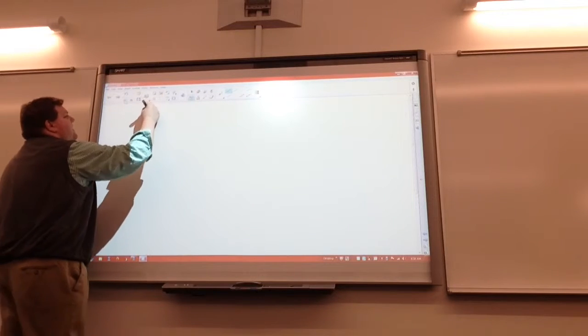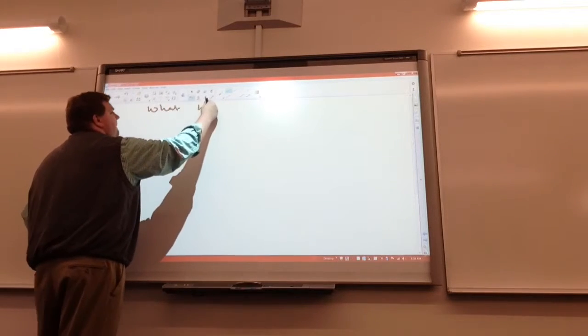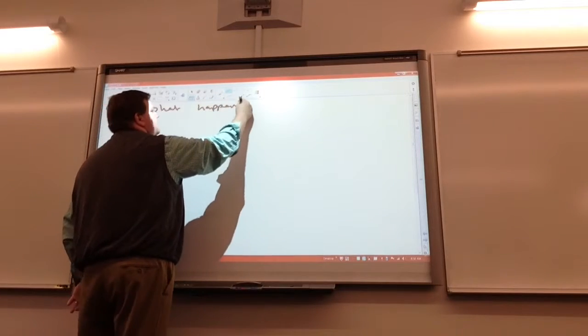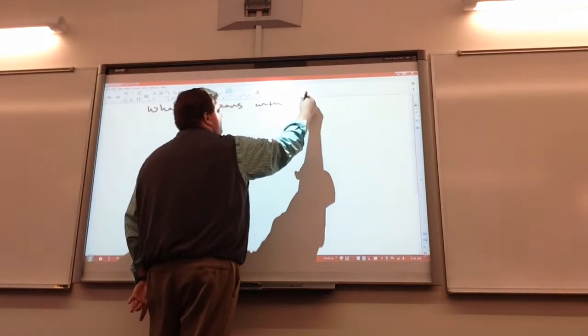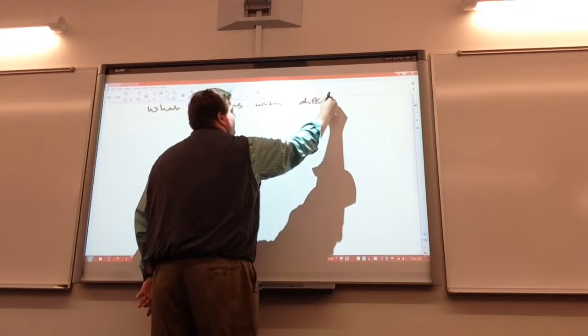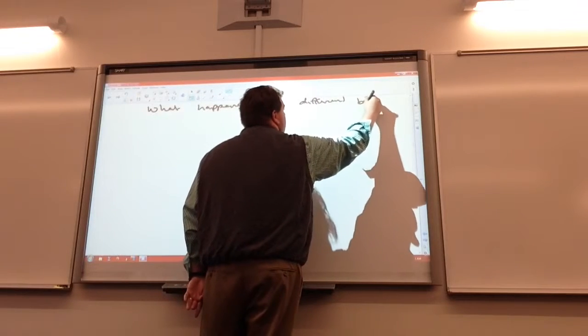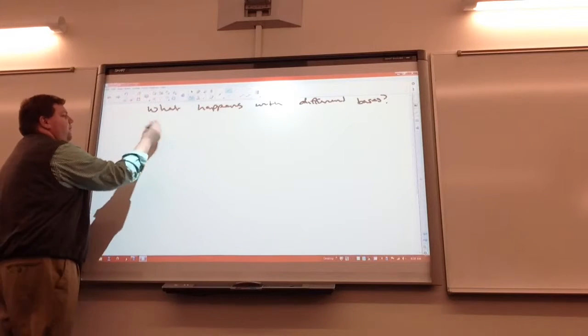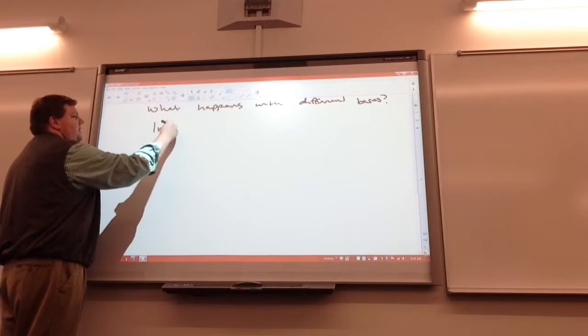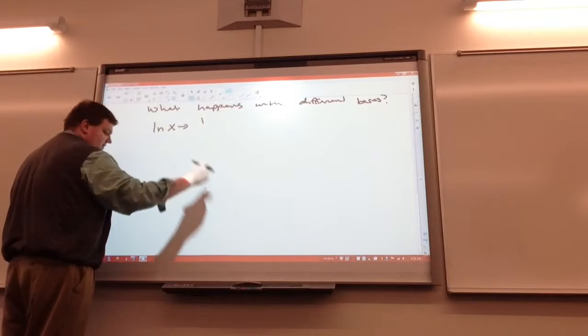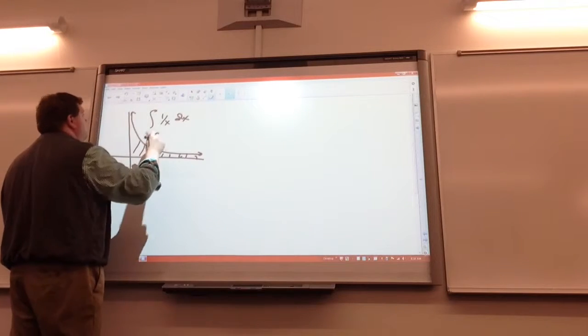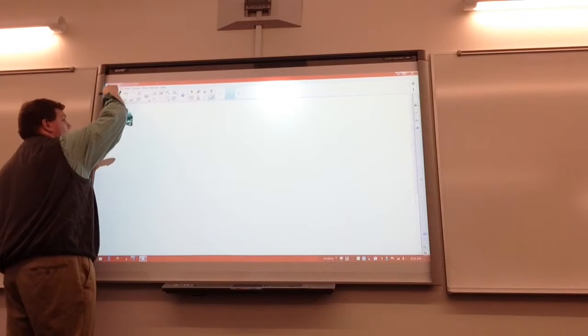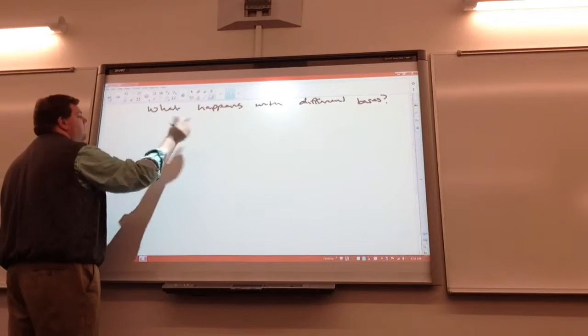So let's see what happens with different bases. Again, just for reference, the natural log of x has a derivative of 1 over x.